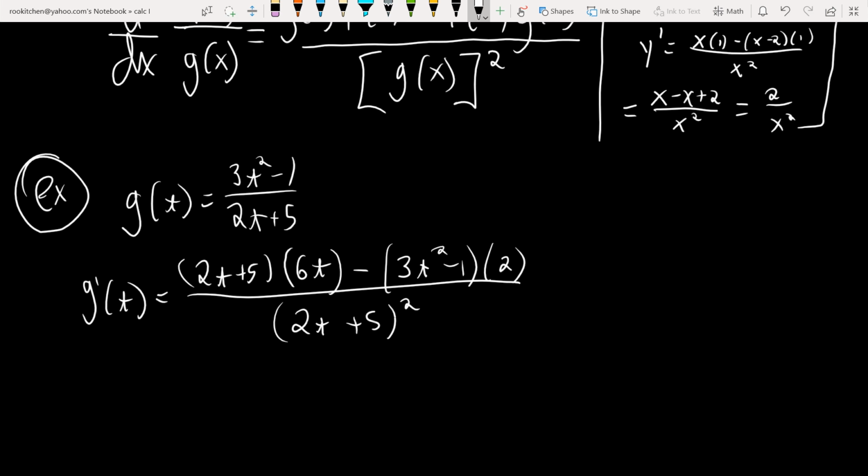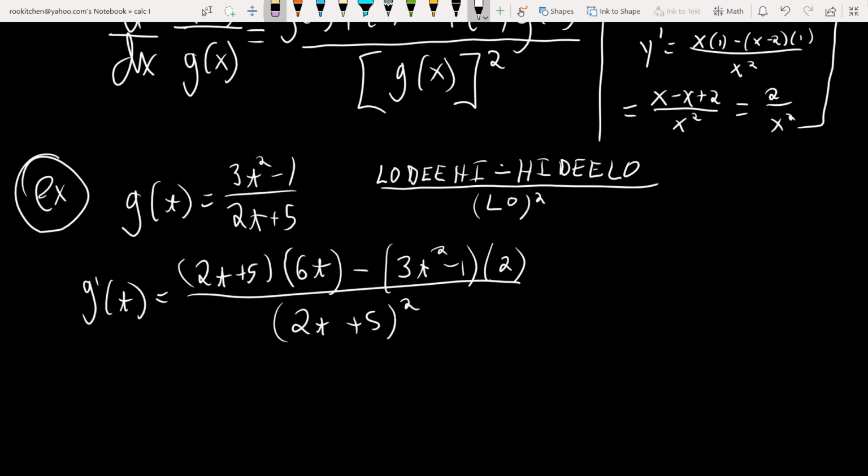What was going around when I was a calc student was this phrase: low d high minus high d low, all over the low squared. So that's how they taught me to memorize it, and that seems to work.